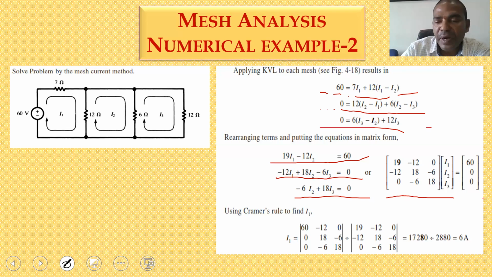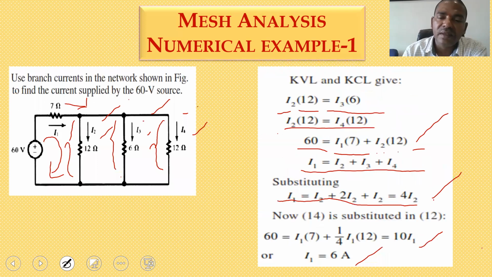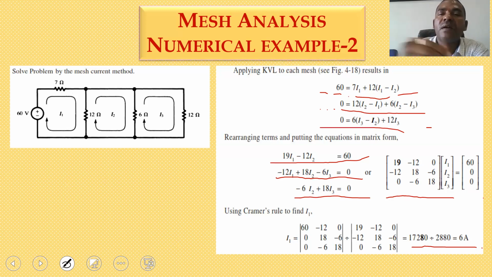After calculating this determinant value you get 6 amperes only. In the previous example we also got 6 amperes for the source current. The same example I have applied in KVL using mesh analysis, and here also I am getting 6 amperes. Do you understand the difference?